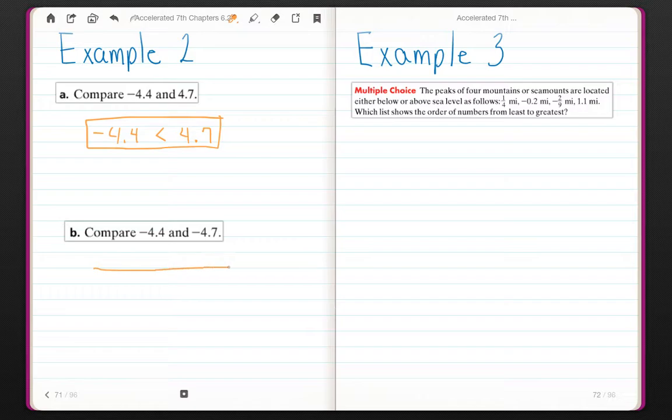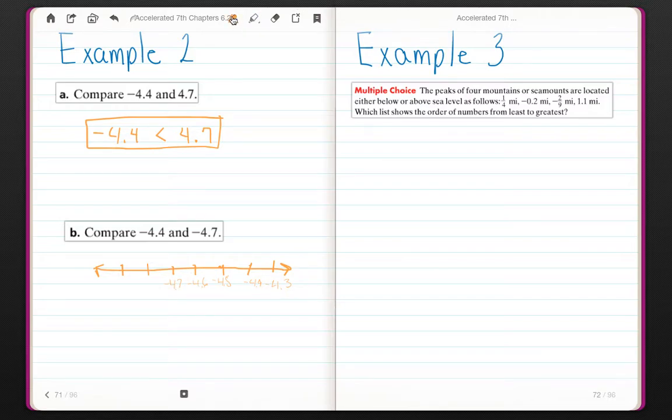So again, if we take a look at our number line here, I'm going to go ahead and count by tenths. So let's make this a little smaller. -4.3, -4.4, -4.5, -4.6, -4.7.